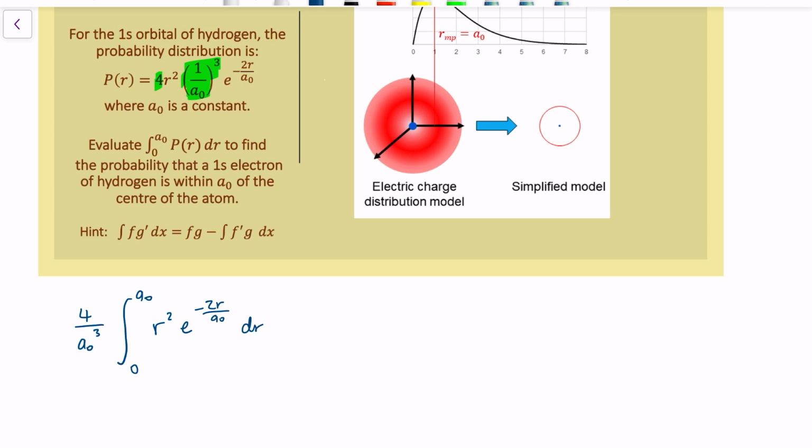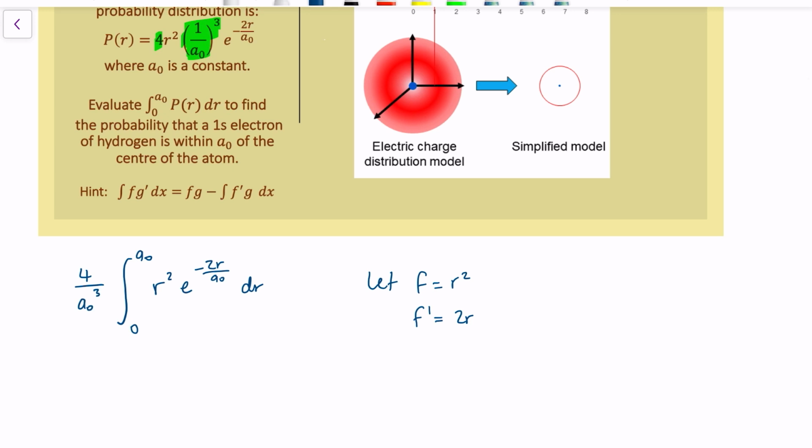So, like I was saying, if we let f equal the r squared part, because f dash will reduce down to something easier, the g dash part of the integrand will be the exponential term, and we want its antiderivative. Be careful here, because when you use the product rule for differentiation, you find f dash and g dash.